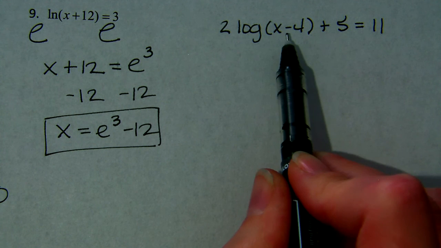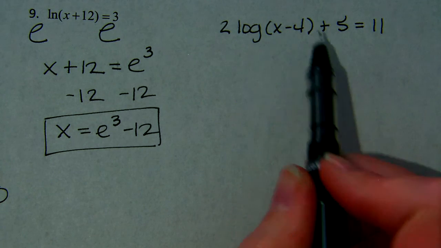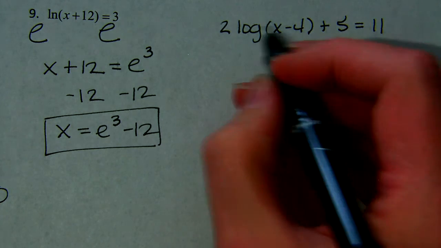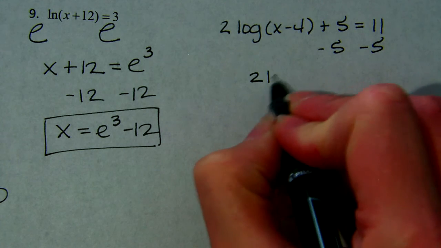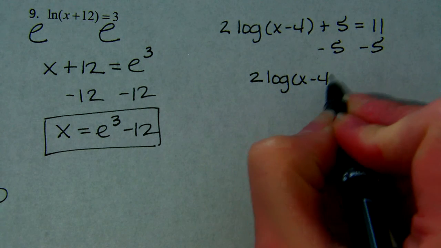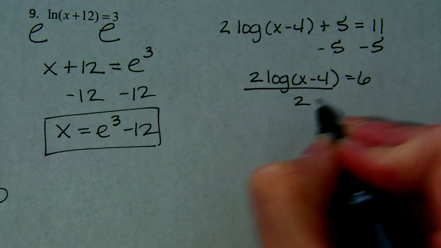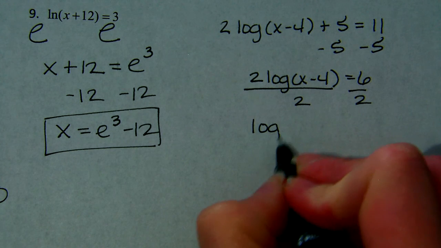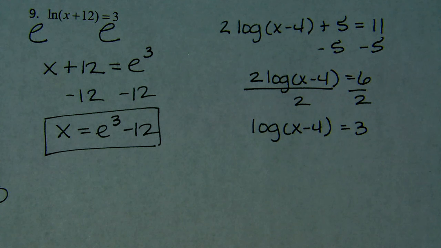The 4 is part of the log, so we leave it alone. But I need to deal with the 5 and the 2 before I can solve this log equation. So we get the log alone. So I'm going to subtract 5. We got 2 log of x minus 4 is equal to 6. Divide both sides by 2, and I get log of x minus 4 is equal to 3.